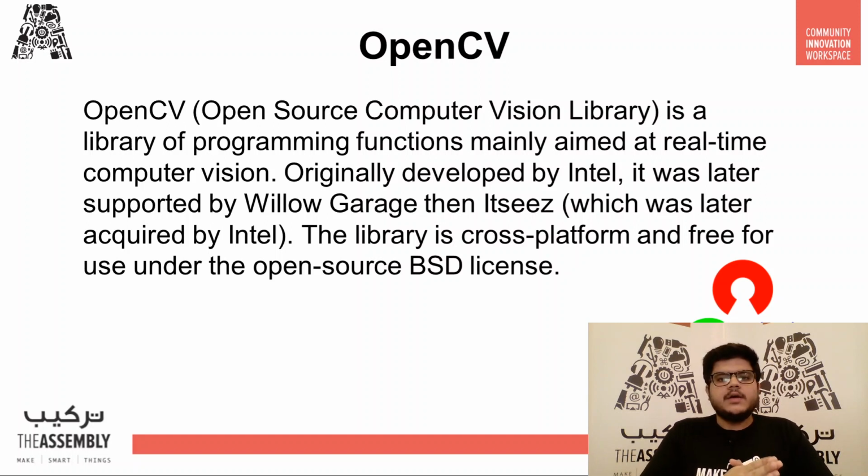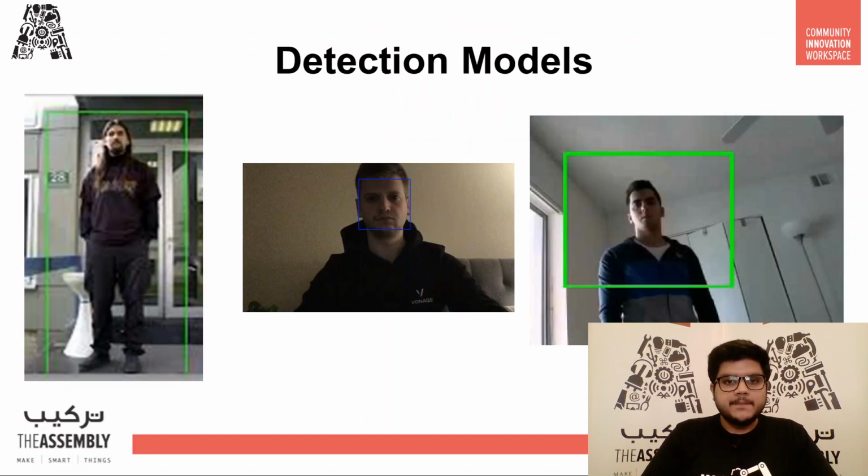It was originally developed by Intel, and it is still maintained by Intel, because it was supported by Willow Garage and then by Itseez, and now Itseez has also been acquired by Intel, so it's basically the same. And the library is free to use, so that's one of the big advantages of OpenCV. You don't have to pay to use it, it's free for everyone.